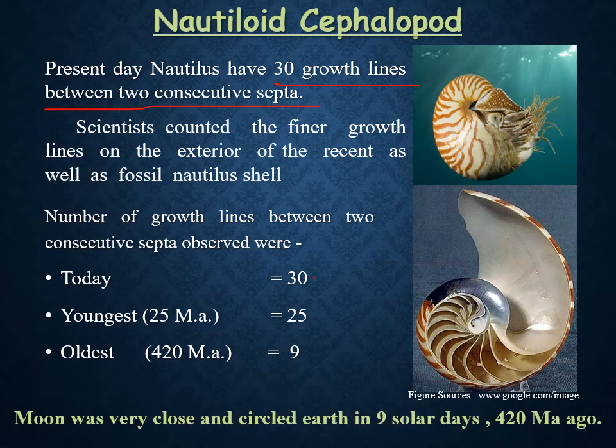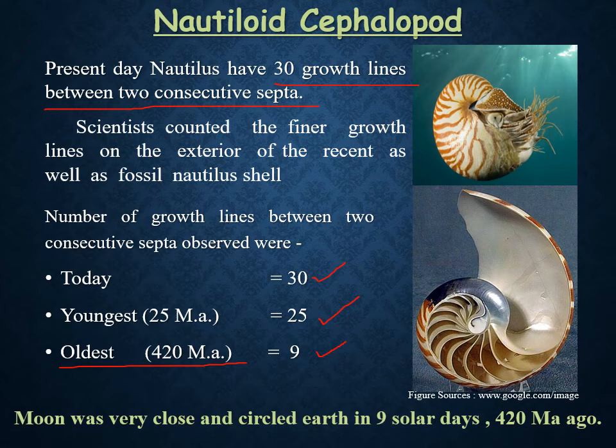The growth lines in the Nautilus of 25 million years ago is around 25. And you can see, interestingly, at about 420 million years ago, scientists found the growth lines between two consecutive septa is about 9.